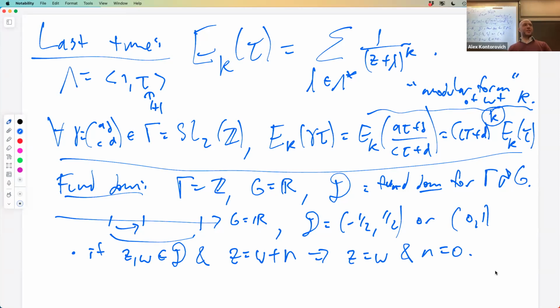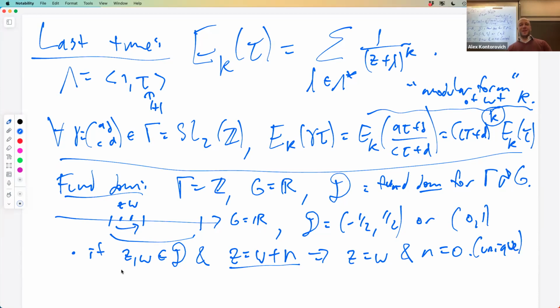So that's one condition. That's the fact that this tile has at most one representative. If I have 2 points Z and W that are both elements of the same domain, which I'm calling a fundamental domain, then if they differ by an element of gamma, that element should be 0, and they should be the same point.